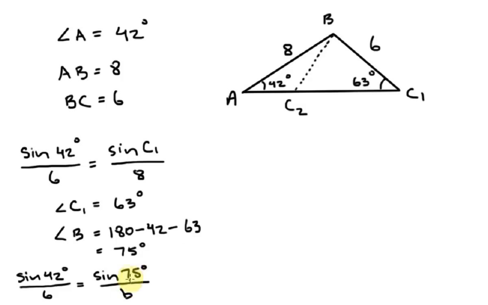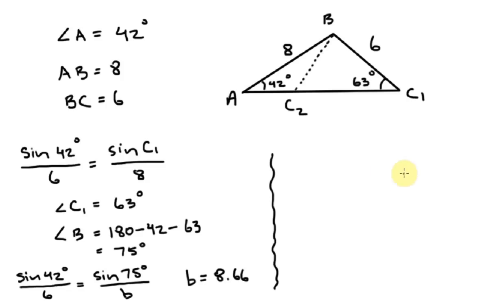So now I would cross multiply and divide, so 6 times sine of 75 degrees divided by sine of 42, and that's going to give me the following. Okay, I got for B, it is 8.66. Okay, so I was able to solve this outer triangle without even realizing that there is a second triangle possible. So, you know, I got half the job done, and that's not too bad.